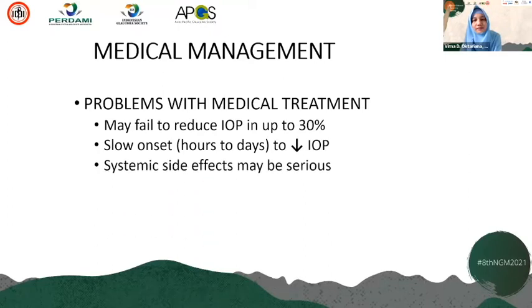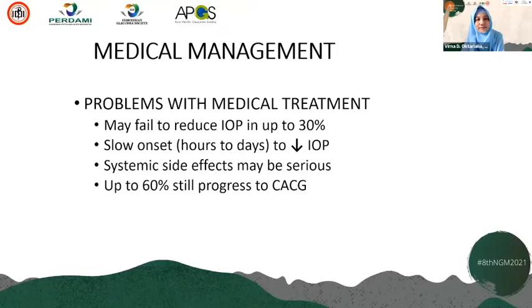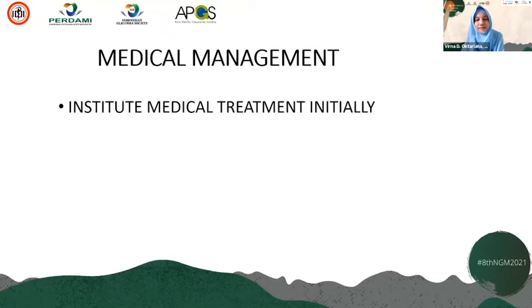And systemic side effects, especially for the systemic drugs such as acetazolamide and mannitol, can be serious, especially in patients who are medically compromised. And as I mentioned earlier, 60% may still progress to chronic angle closure glaucoma.